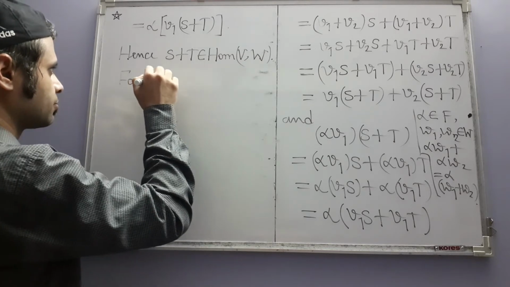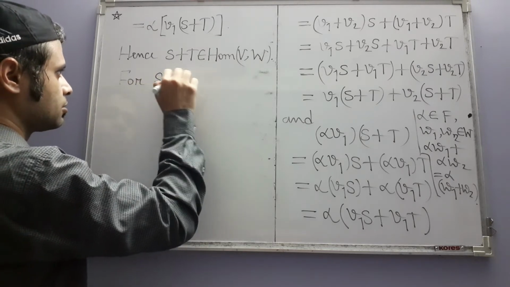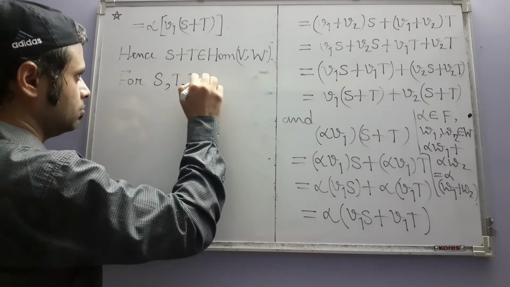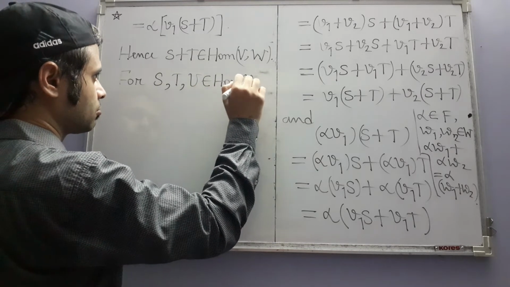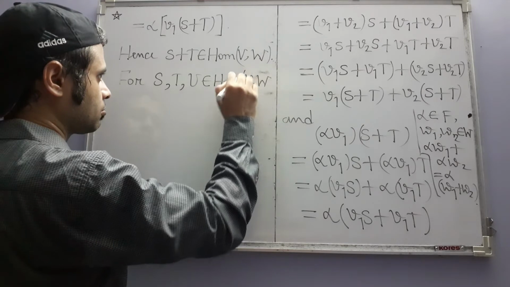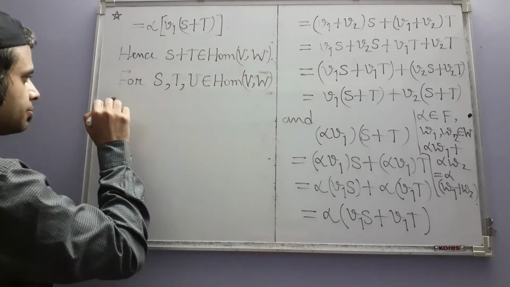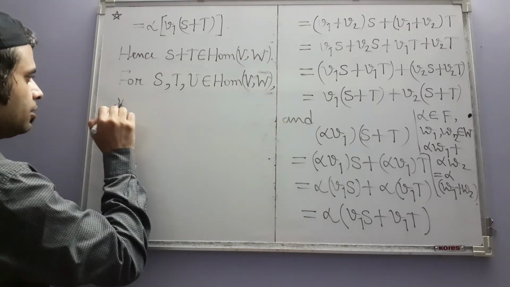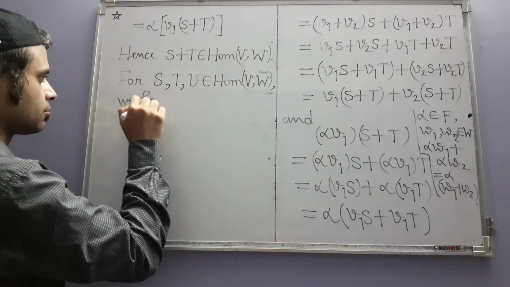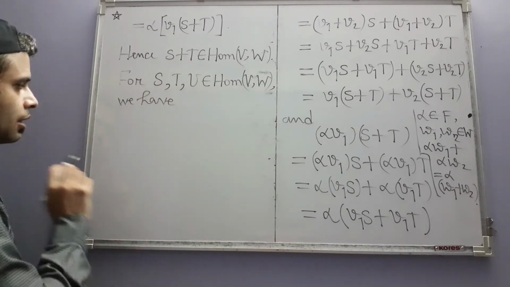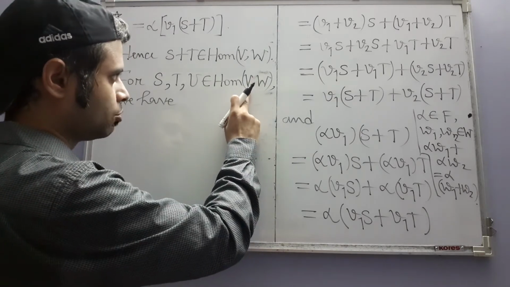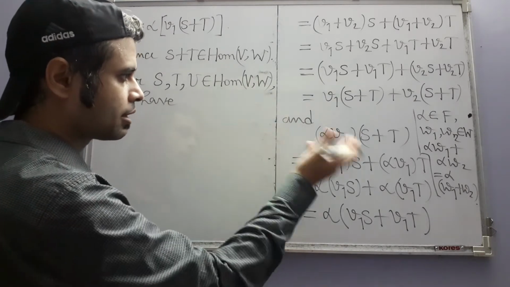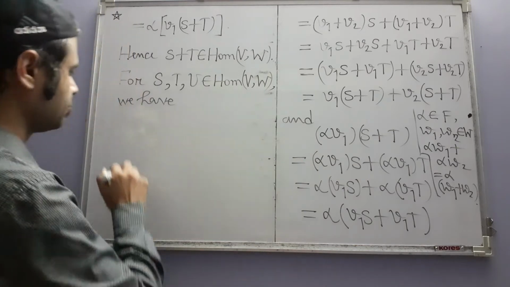For S, T and U belonging to this, we have the arbitrary vector that we will need from the domain space V, let us take that to be V1 itself.